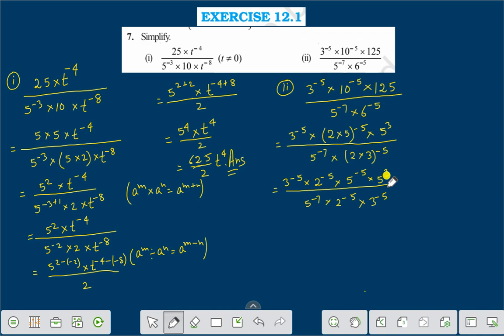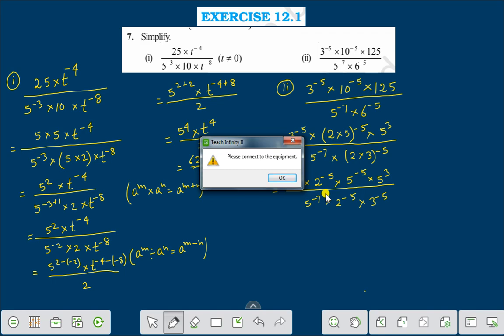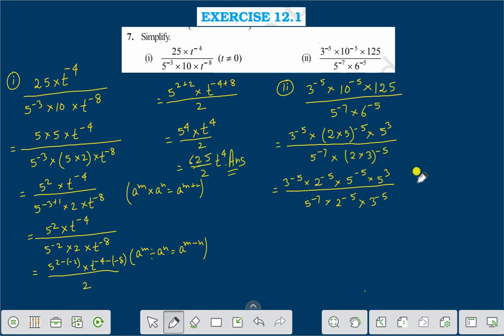Now here you see this is divided by. I will apply the formula a to the power m divided by a to the power n is equal to a to the power m minus n. We will apply this formula here.